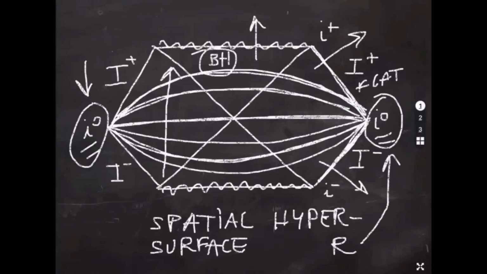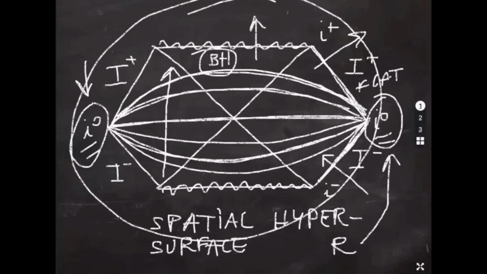This would actually be the other way around, like this, because they are already infinity. So what you are seeing here is all that there is. It's the whole space-time.